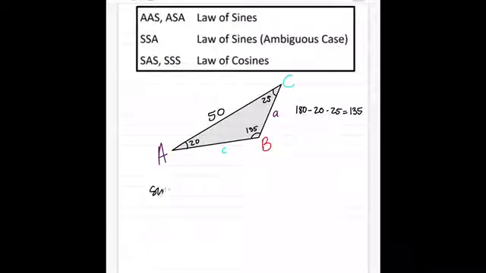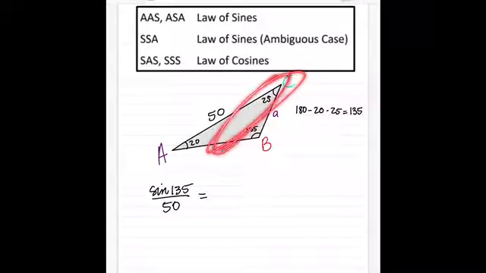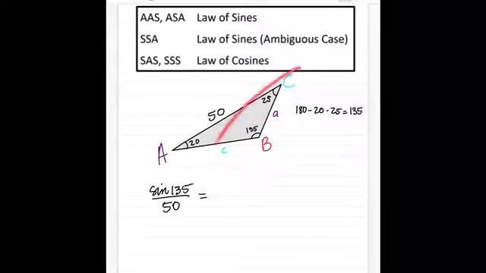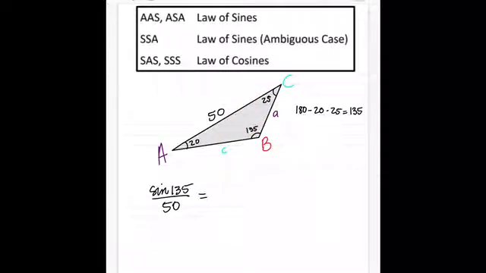I'm going to say sine of 135 divided by 50 is equal to, and let's go ahead and solve for C. This angle with this side. So I don't know that side, but I do know the angle of C, which would be 25, but I don't know that side, so I'm just going to leave it as a lowercase c.